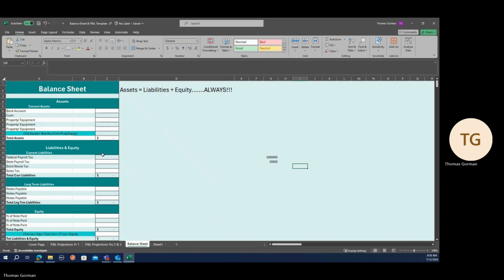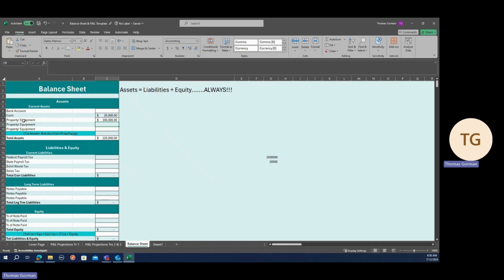We can divide that up amongst your assets. So say you put 20,000 of that in the bank for operating expenses, and we spent the other 100,000 on equipment, on inventory, on all of the other things. Now you can break that down by categories.